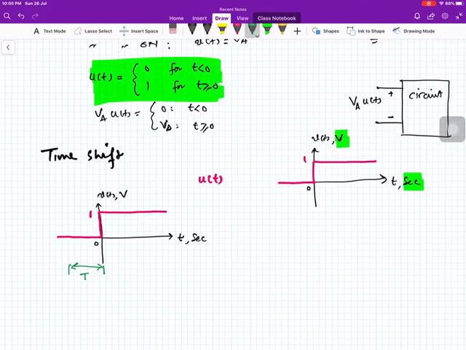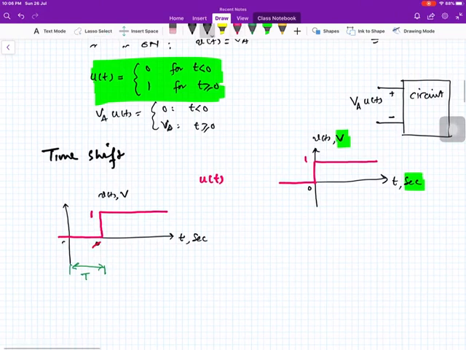If I shift the origin to the left hand side, to the negative side, I am discarding this origin and the new origin is over here.